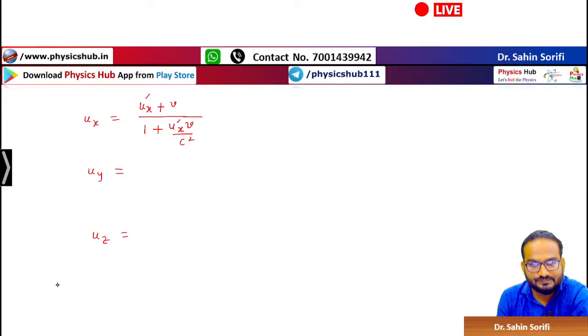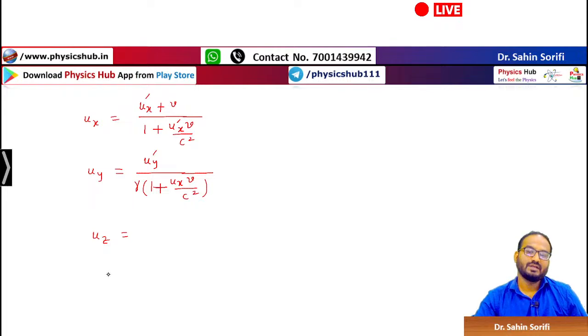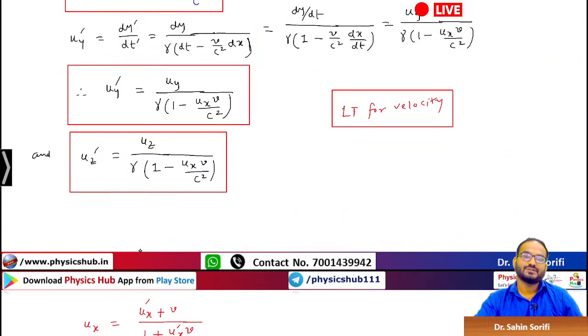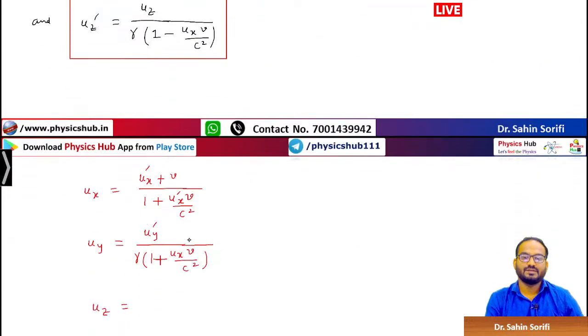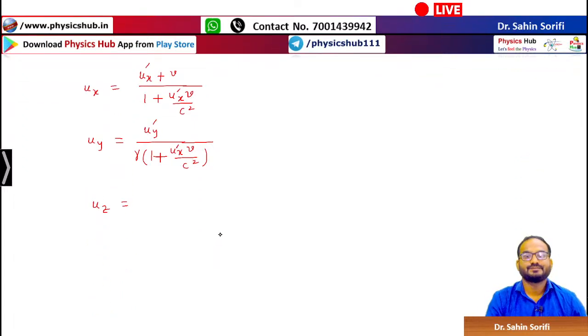Okay. Uy, it was the formula uy by gamma times 1 minus ux into v by c square. This was the formula, right? So it will be uy prime and v will be minus v. Clear? Just match it. This will be ux prime. Similarly, uz will be uz prime divided by gamma times 1 plus ux prime into v divided by c square.